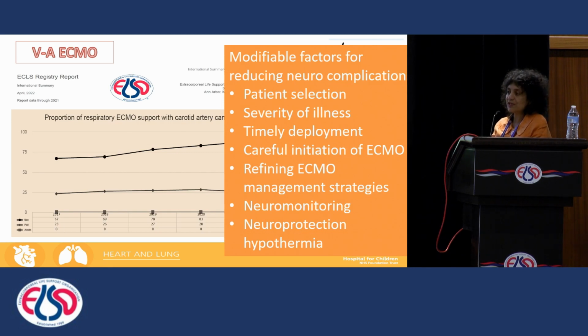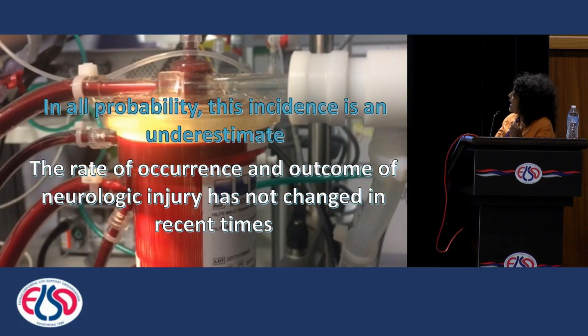You're moving a patient who is either shocked or acidotic or hypoxic to a high flow, high oxygen state, and I think we need to be very mindful of how we manage that transition, refining ECMO management strategies, neuromonitoring, neuroprotection, and hypothermia. And all that I showed you so far from the ELSO registry data, in all probability, this incidence is an underestimate.